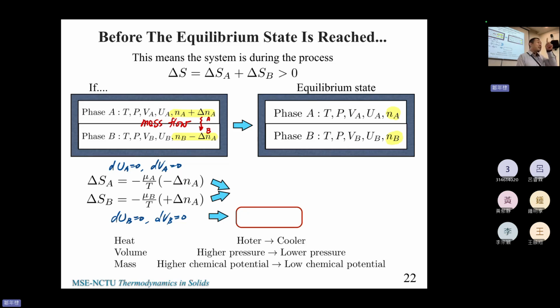We only have one step, change the mass, and then we reach the equilibrium state. Okay, so this one already satisfy the condition.